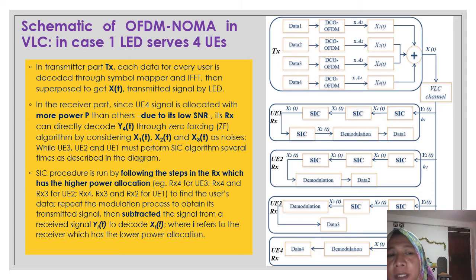If the transmitted signal is found, so YIT can subtract the signal to get XIT. I refers to the receiver which has the lower power allocation.